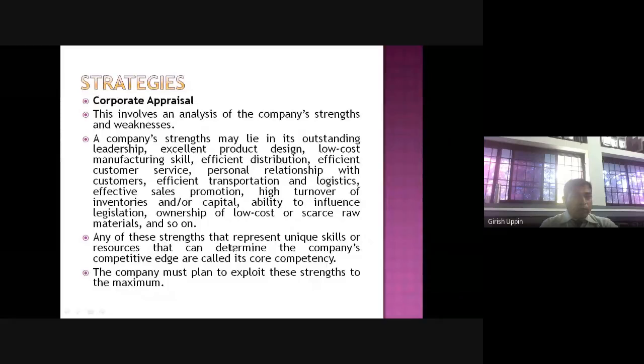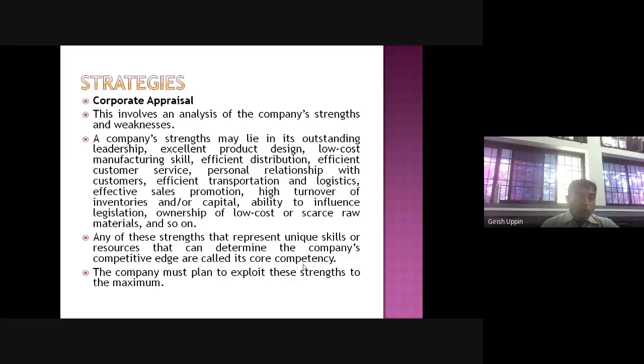Any of these strengths that represent unique skills or resources that can determine the company's competitive edge are called a core competency. Whatever strengths you have, that becomes your core competency. If you take an example of an individual, you are a .NET developer, a very good .NET developer. So your core competency is .NET; you can program on .NET. Suppose somebody is Java J2EE, his core competency is Java J2EE, and let's say somebody is into networking, his core competency is networking.